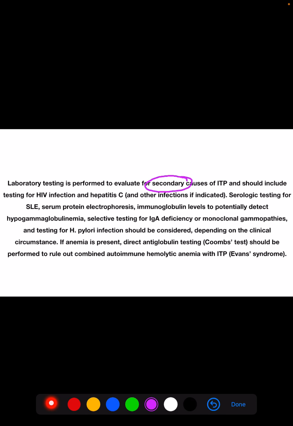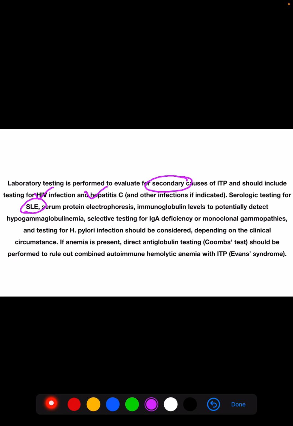Supposing an SLE patient, if that patient has other symptoms like rash, photosensitivity, or something else, then we have to evaluate for other secondary causes of ITP, and we also have to test for HIV infection and hepatitis C, and then serological testing for SLE in the form of ANA.